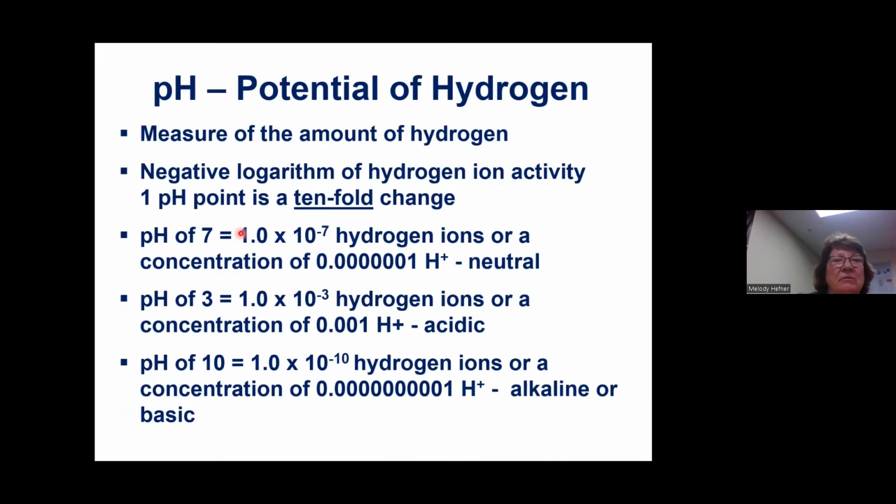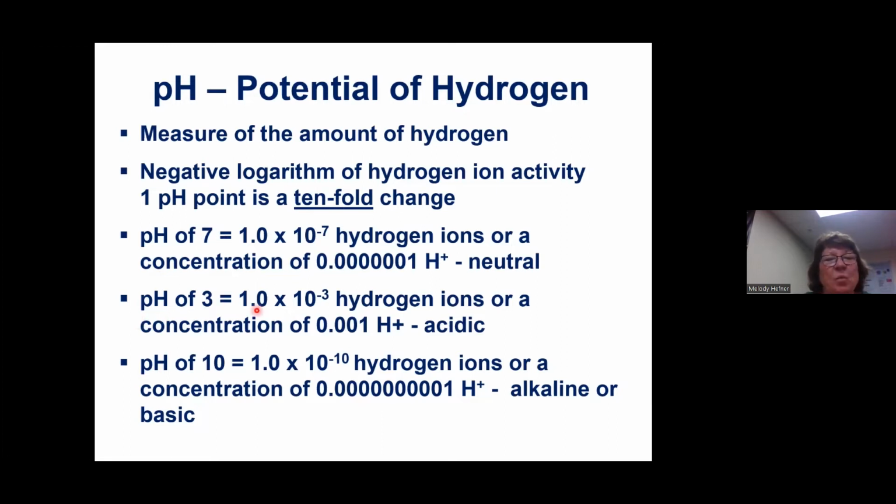And if you get rid of that scientific notation, what you're saying is the concentration of hydrogen ions is 0.0000001, and that's considered neutral. The 7 comes from the negative of the negative logarithm. So it's a -7, which makes it a +7. That's just the way it works. So that's how you get a pH of 7.